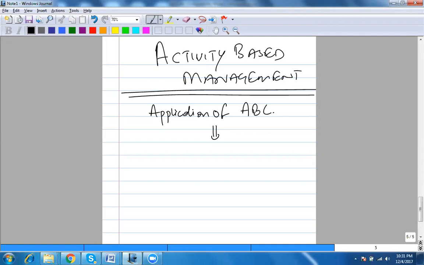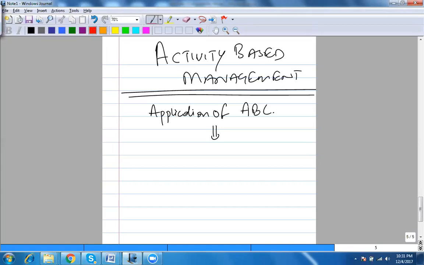You are aware of activity-based costing. Activity-based costing is one of the techniques of absorbing the production-related overheads into the product. Activity-based management is a technique derived from activity-based costing, which is generally implemented.